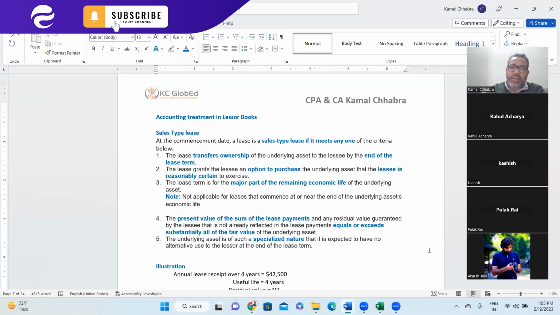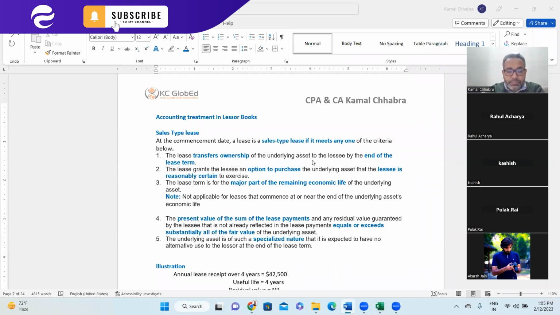Like we discussed earlier, the criteria for a sales type lease in the lessor's books and a finance lease in the lessee's books are very much the same, right? If you see over here, you'll see all those 5 points. At the commencement date, a lease is a sales type lease if it meets any one of the following criteria.